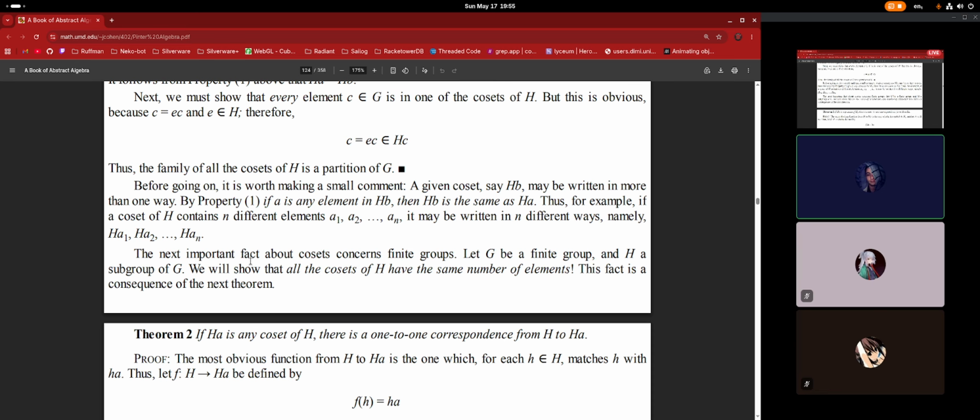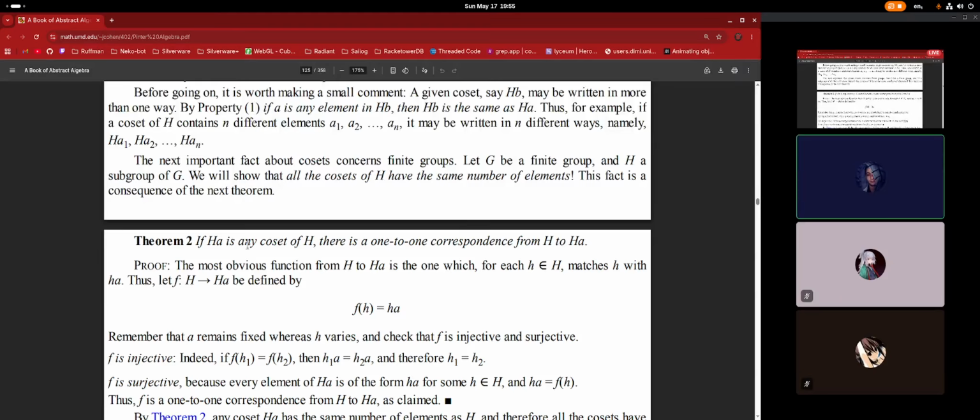The next important fact about cosets concerns finite groups. Let G be a finite group and H a subgroup of G. We will show that all the cosets of H have the same number of elements. This fact is a consequence of the next theorem. If Ha is any coset of H, there is a one-to-one correspondence from H to Ha.